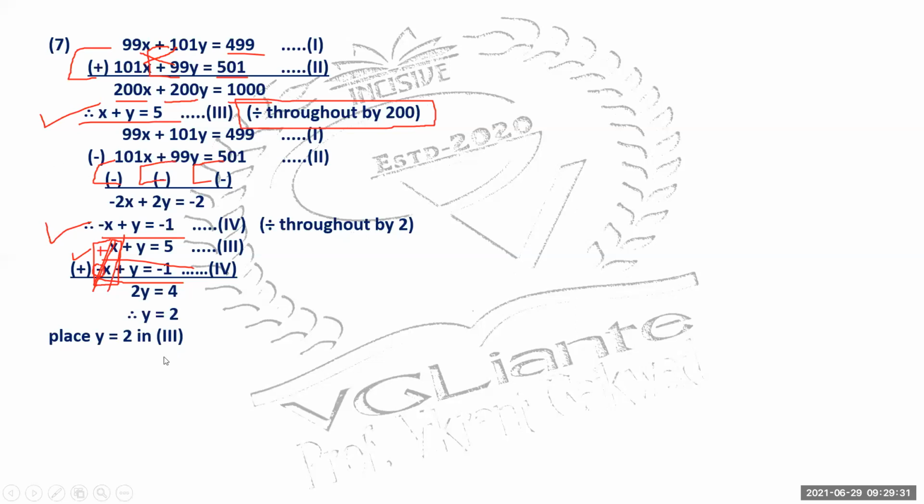When you substitute y as 2, the equation is written as x plus 2 equals to 5. To get the value of x, you shift plus 2 to the other side, where it becomes minus. So x equals 5 minus 2, which is 3. Thus x comma y equals 3 comma 2.